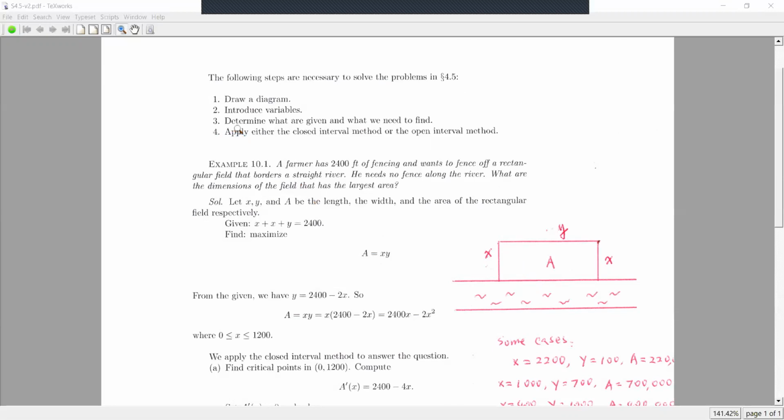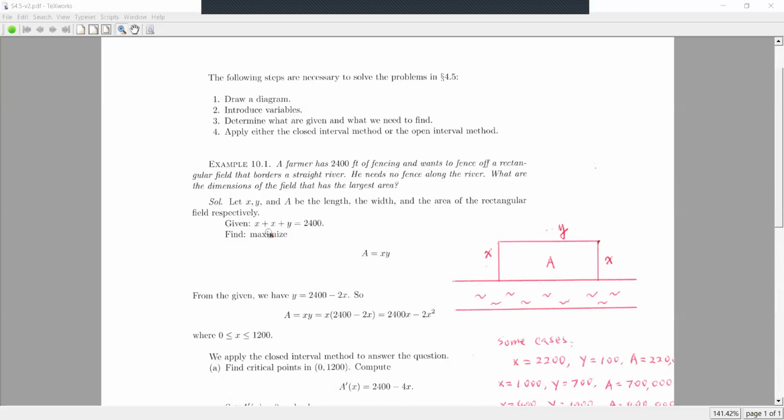Step number 3, determine what is given to us and what we need to find. The fencing material is 2,400 feet. This is given to us. Mathematically, it is x, the width, plus y, the length, plus x is 2,400.